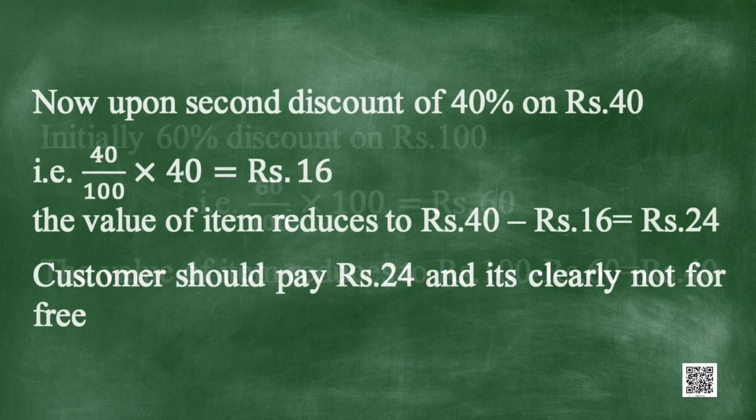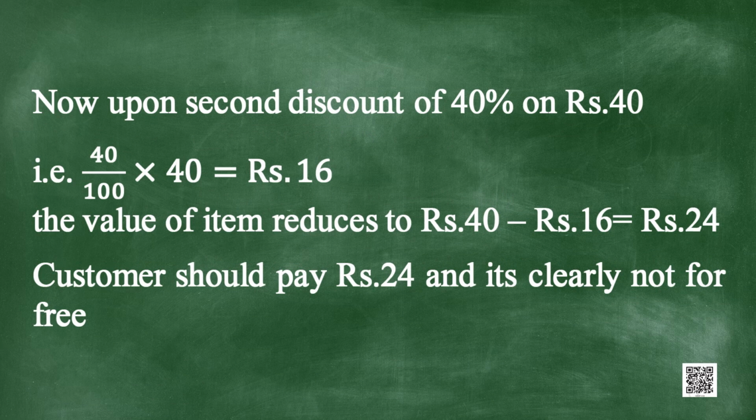And now, applying 40% discount on rupees 40, which is 40 by 100 multiplied with 40, is equal to rupees 16. So, the value of the item reduces to rupees 40 minus rupees 16, which is equal to rupees 24. So, the customer here should pay rupees 24, and it is clearly not for free.